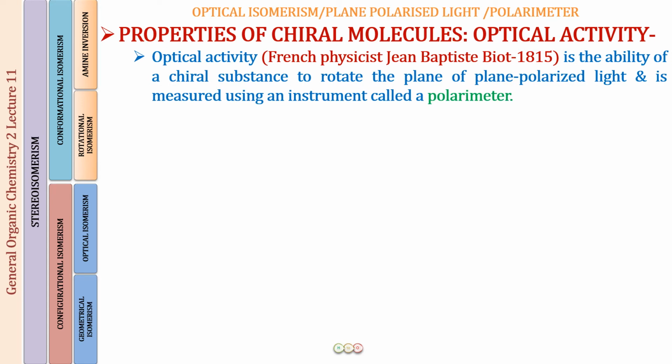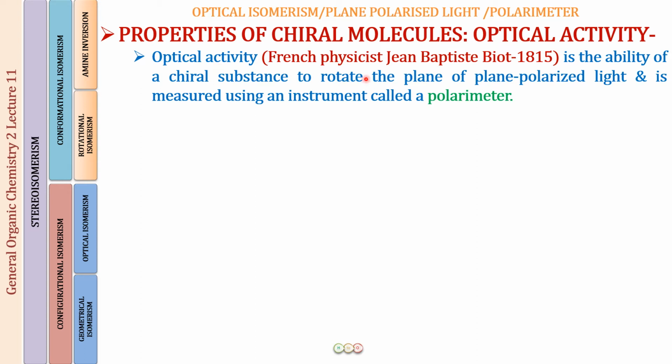Now this optical activity was first studied by a French physicist, Jean-Baptiste Biot, in the year 1815, and optical activity is defined as the ability of a chiral substance to rotate the plane of plane polarized light, and this is measured using an instrument called a polarimeter.